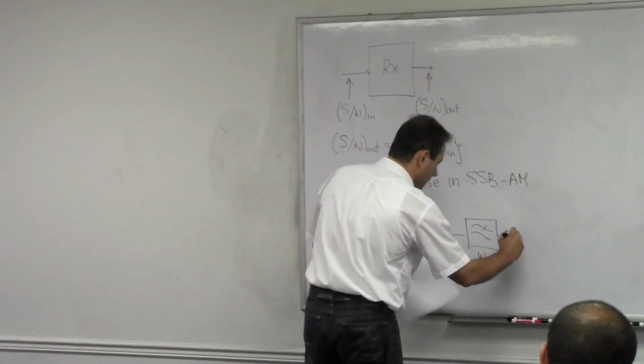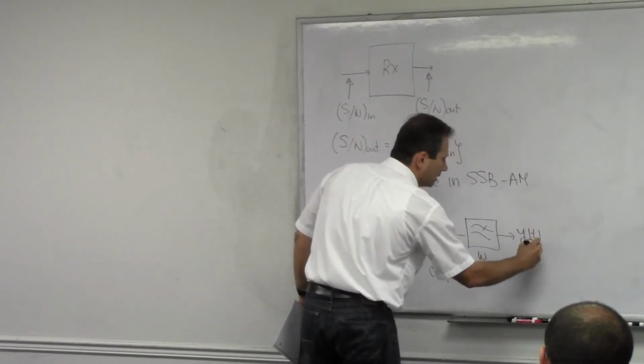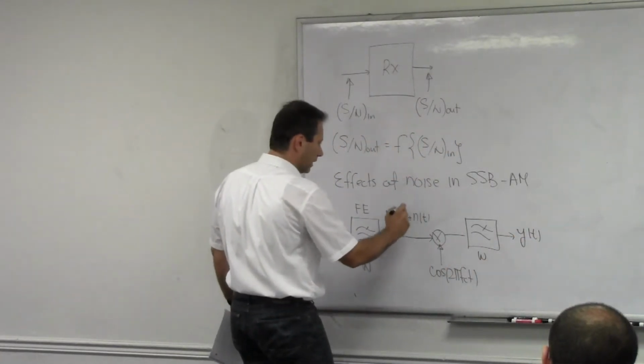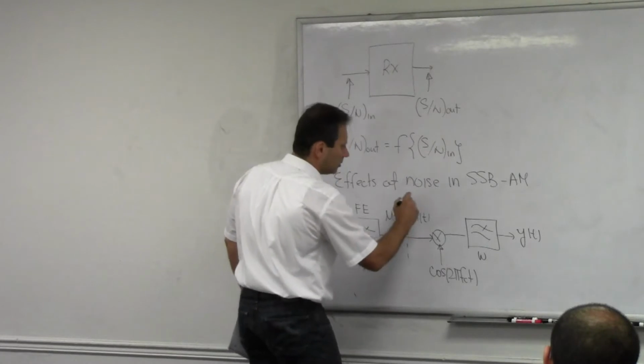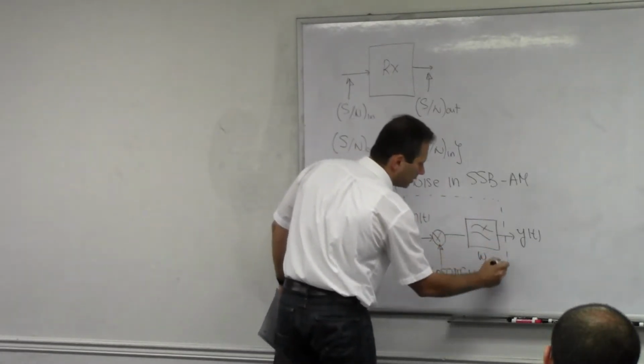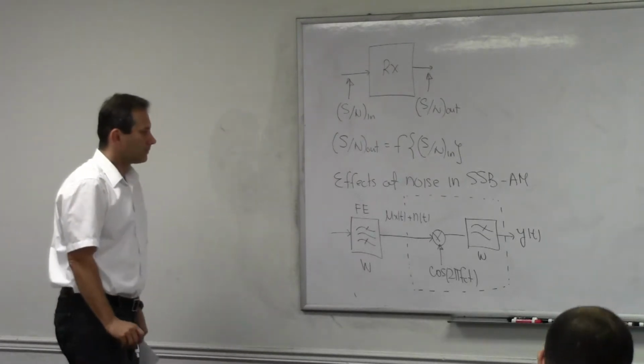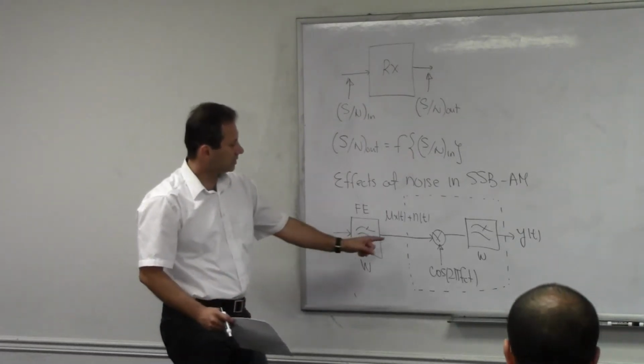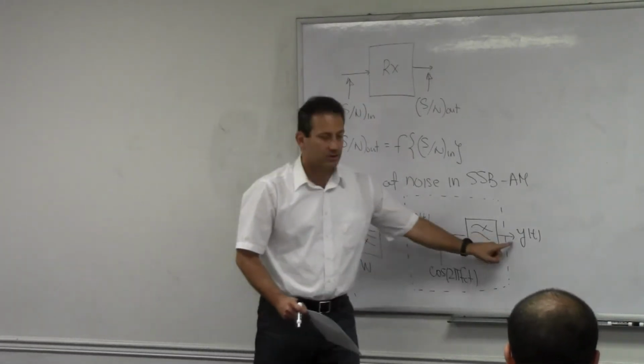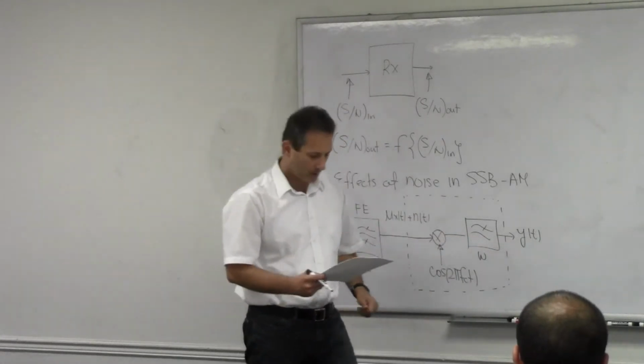And then hopefully here I get my signal y(t) that I know from our previous studies is going to consist of some signal components and some noise components, right? So we care to understand what is the signal-to-noise ratio here and what is the signal-to-noise ratio here.